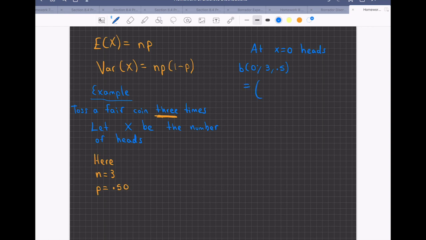And this is going to be 3 choose 0 times 1 minus 0.5 raised to the n, that is 3, minus x, that is 0. And if you compute, by the way, remember, if you forgot what this is, combinations, 3 choose 0.